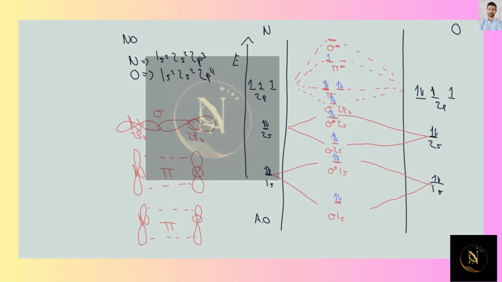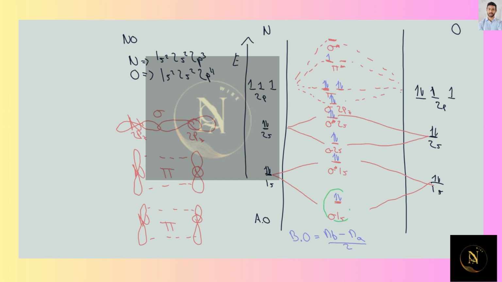Now we only need to generate the bond order, which is equal to the number of bonding electrons minus the number of antibonding electrons, divided by 2. Let's put in a circle the ones that are bonding and the ones that are antibonding.